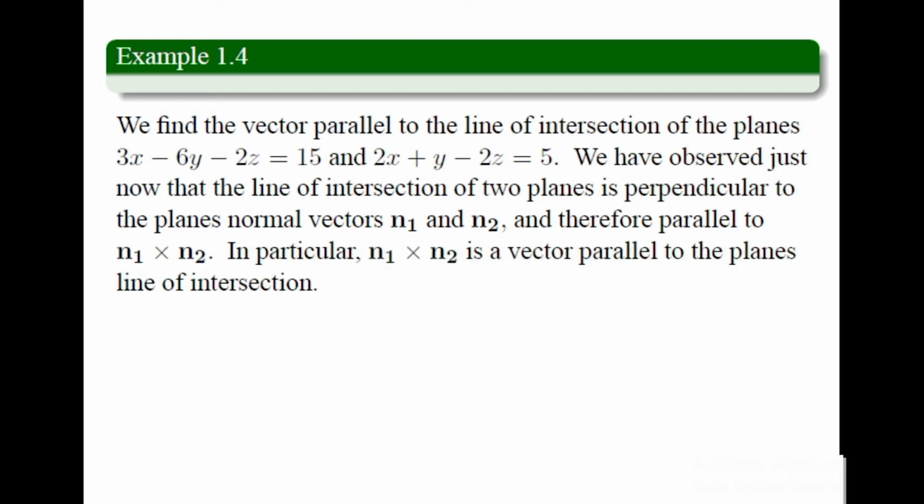In particular, vector n1 cross vector n2 is a vector parallel to the planes' line of intersection. Here a is 3, b is negative 6 and c is negative 2. Normal to this plane is 3i minus 6j minus 2k.